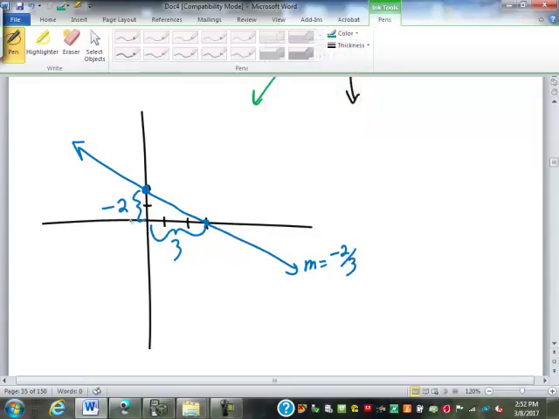Or if we have a line like this. So again, we've got this triangle here. What's our rise?